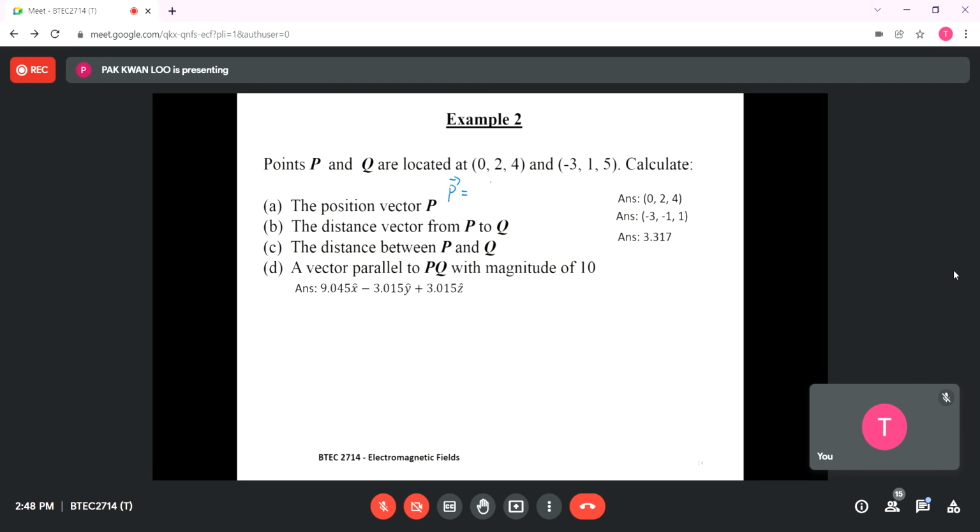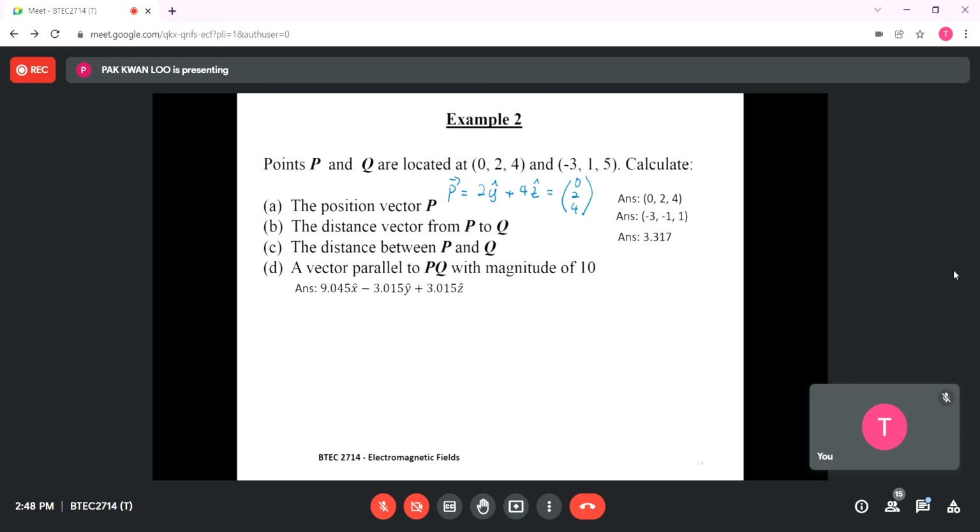We can write it as 2y cap plus 4z cap, or we can write it in the transpose form of coordinates as 0, 2, 4. So this is the transpose form.